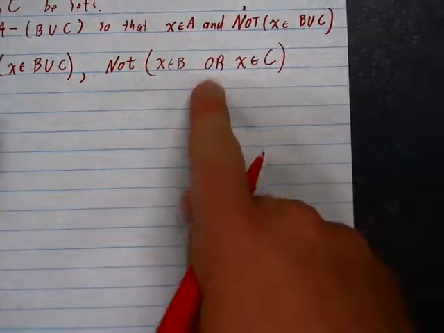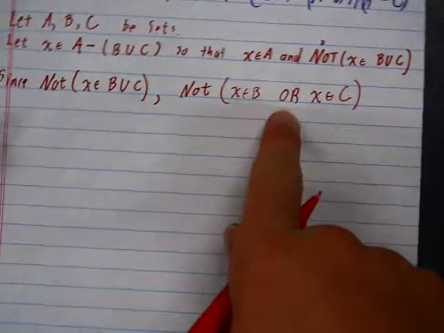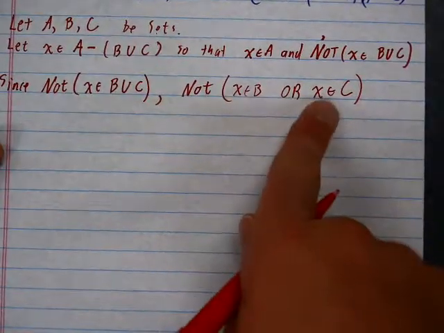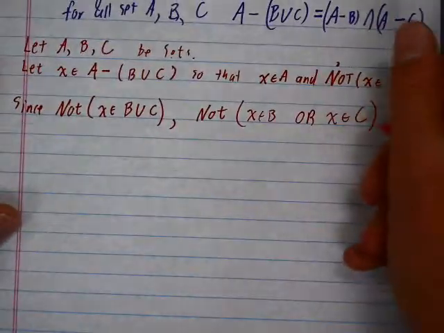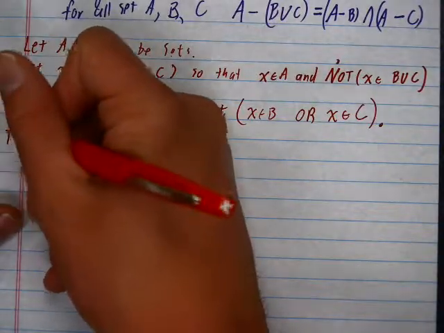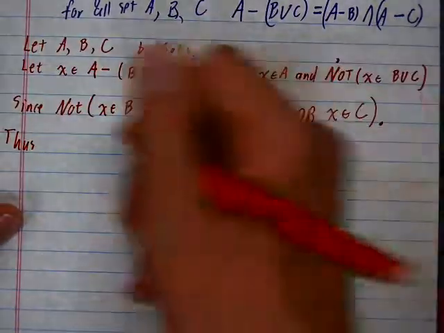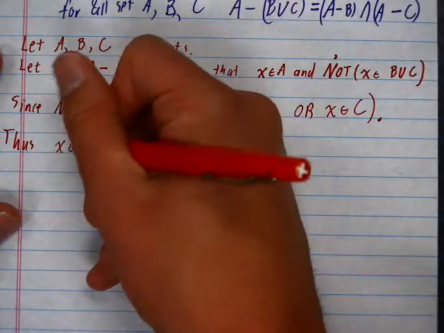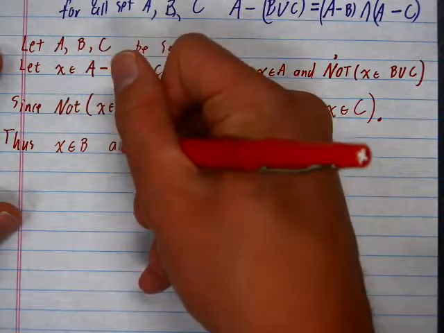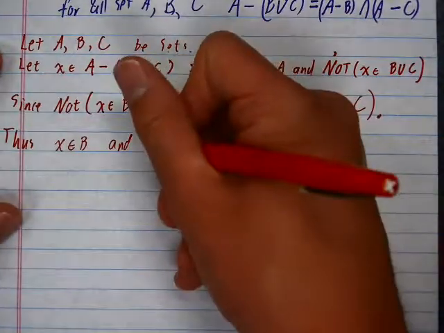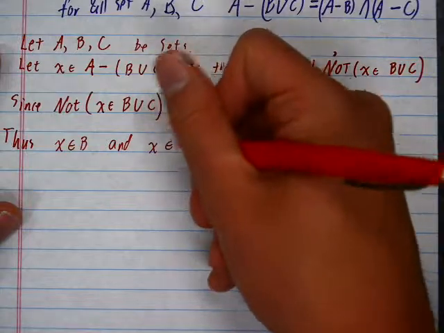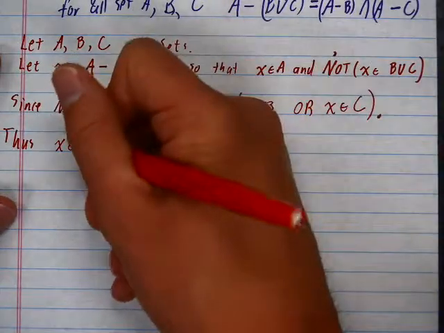What does not do to an or? It turns it into an and, both of those statements will get negated. Thus, x is not an element of B, and x is not an element of C.